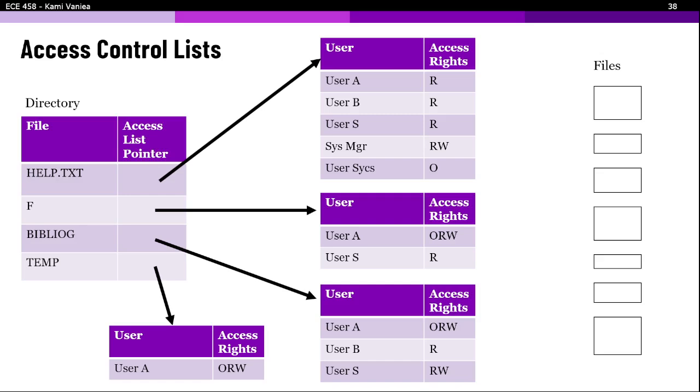It could be other things that are within the system, but predominantly it's users. So usernames. I'm just using user A, user B, system manager, user security, Apache. And so the idea here is that help.txt can be accessed by users A, B, system manager, and user security, and no one else.